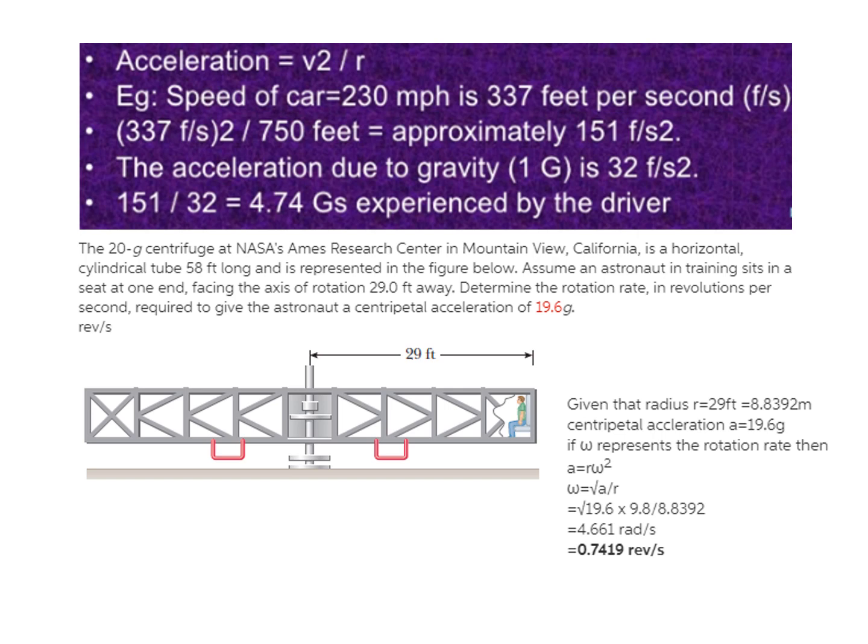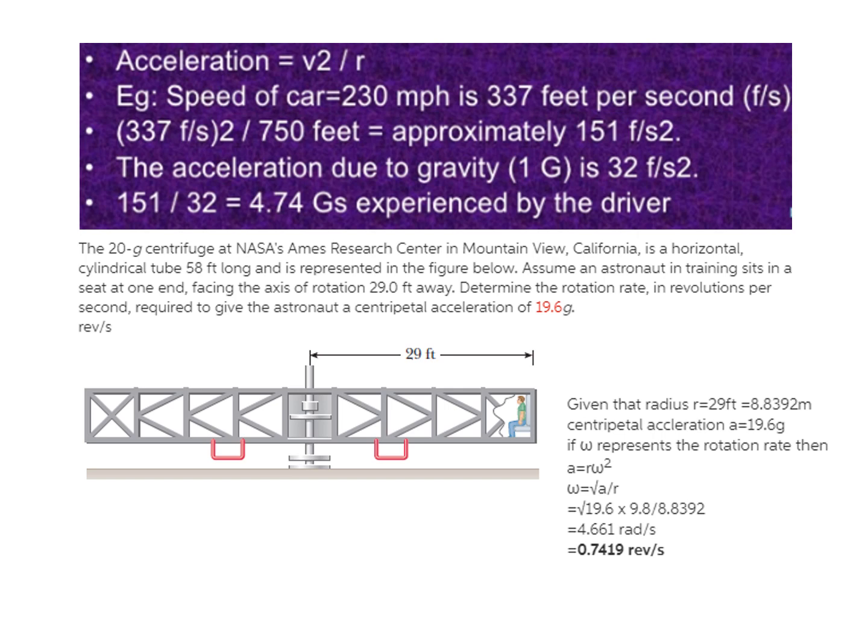In the second problem, your grandmother is telling you about the training she went through at the research center in Mountain View, California, and how they determined how many Gs they were going to put on the astronauts. So given that the radius is 29 feet per the apparatus, and the centripetal acceleration is 19.6 Gs.